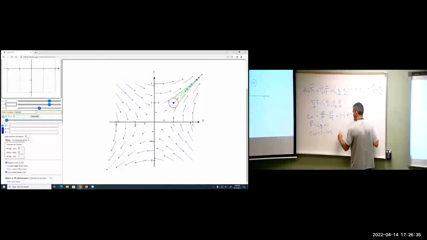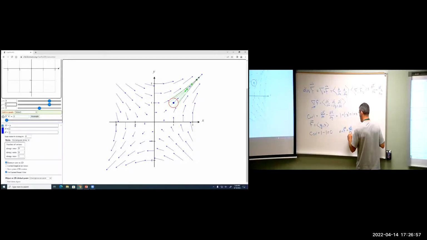So the divergence of F, it just comes from adding up the partials. Well, the derivative of y with respect to x, oops, sorry, it's a scalar. Actually, let's write the whole thing.